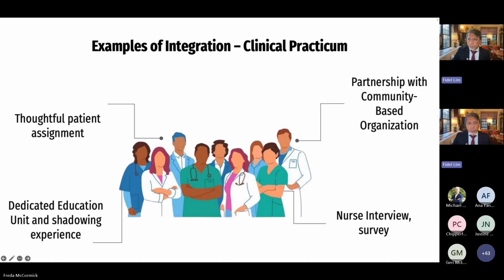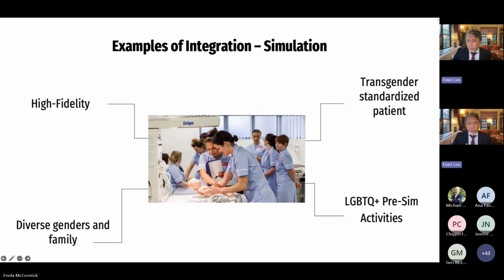On the next slide, we have some suggestions for simulation. High fidelity simulation is always a good thing. Our mannequins are so evolved these days, but there are still limitations. I want us to consider how we can synthesize this.